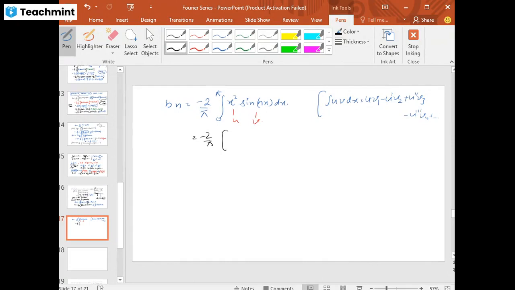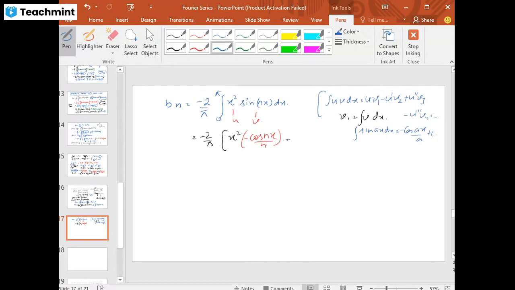So firstly, u means x square. V1, what is V1? V1 is integral of v. So what is the integral of sine? Like I told you, integral of sine ax is minus of cos ax upon a. So integral of sine nx is minus cos nx upon n.